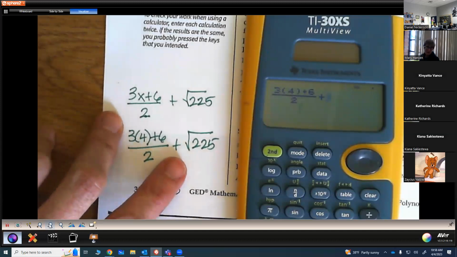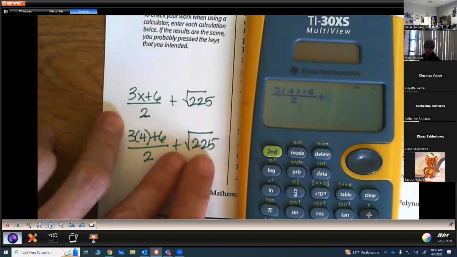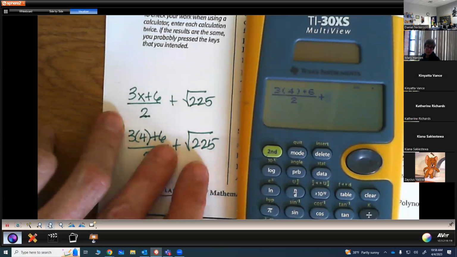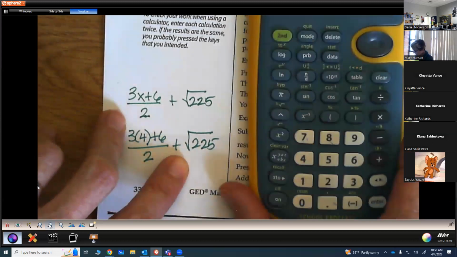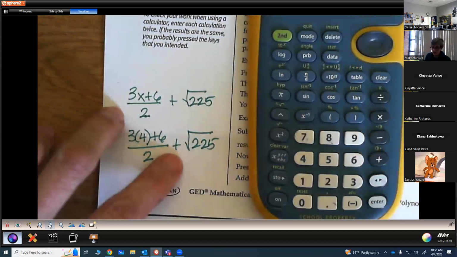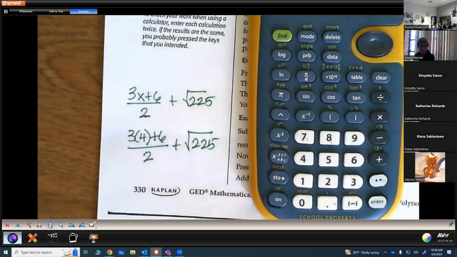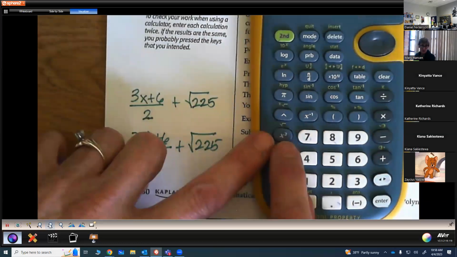Now, the symbol that's above the 225, we've touched on this off and on over several classes. That symbol is the square root of 225. And if you look down on your calculator and you look to the left of the 7 is that x squared key. That's when we want to square something.